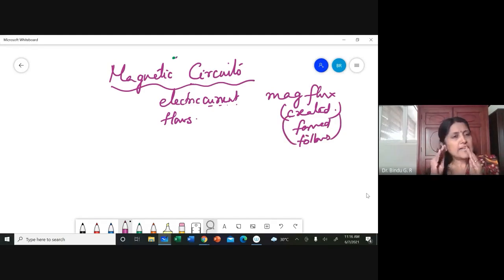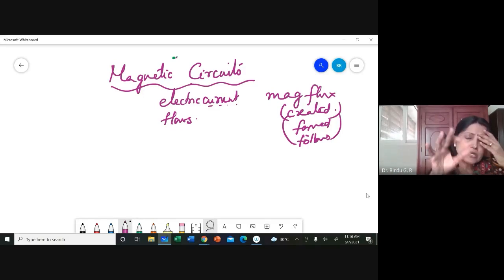So the path over which electric current flows is the electric circuit. Similarly, wherever magnetic flux follows, it is called the magnetic circuit. And in a magnetic circuit, as you know, the magnetic flux leaves the North Pole and comes to the South Pole through an external circuit, or within the magnet it is from South Pole to North Pole.